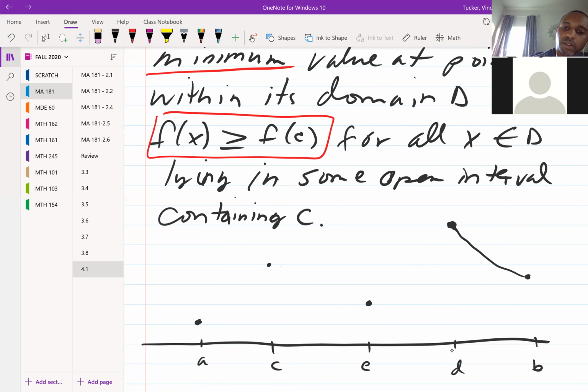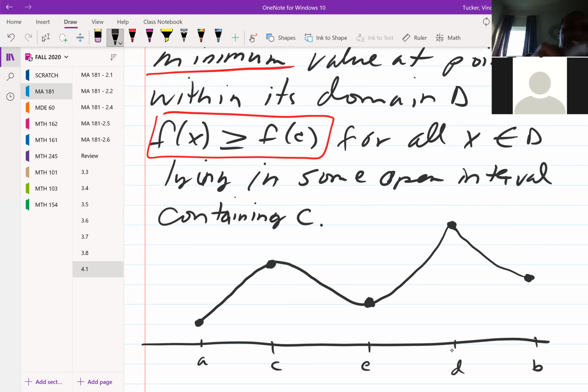I did the best I could when it comes to that.